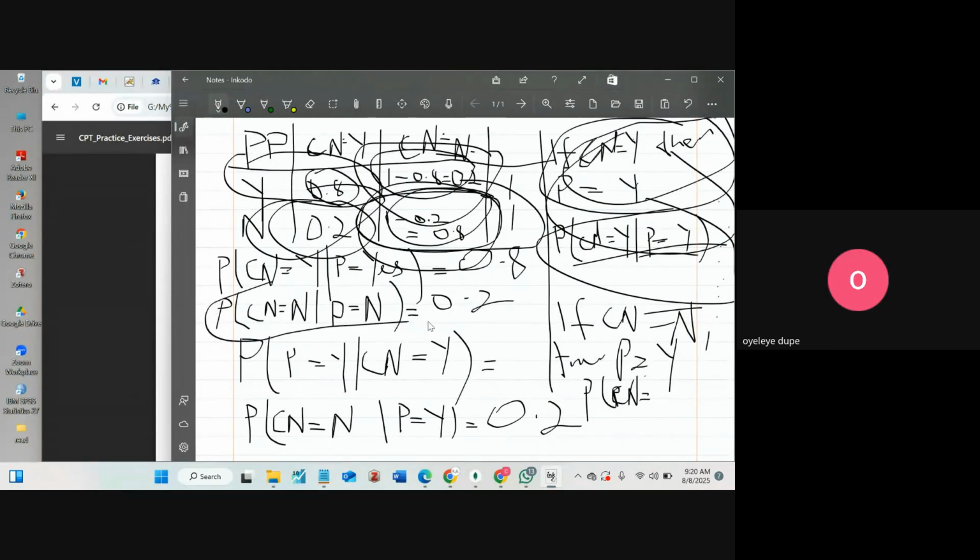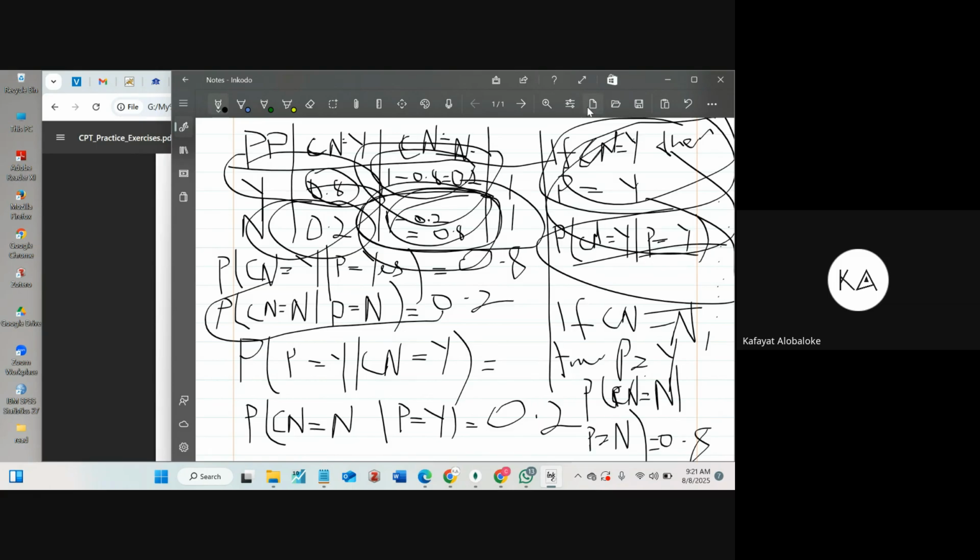Okay, so this one will now be equals to yes, no, equals to no, given that punctuation present is also equal to no, quotation present equals no, and that value is what? 0.8. Very good. I hope by now everybody understands how to convert this to a conditional probability statement.